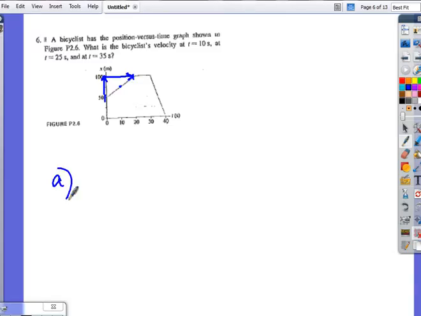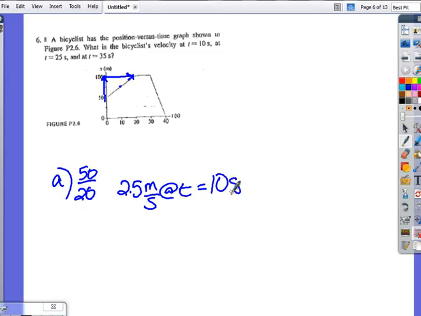So for A, that gives me a slope of 50 over 20, which is 2.5 meters per second at t equals 10 seconds.